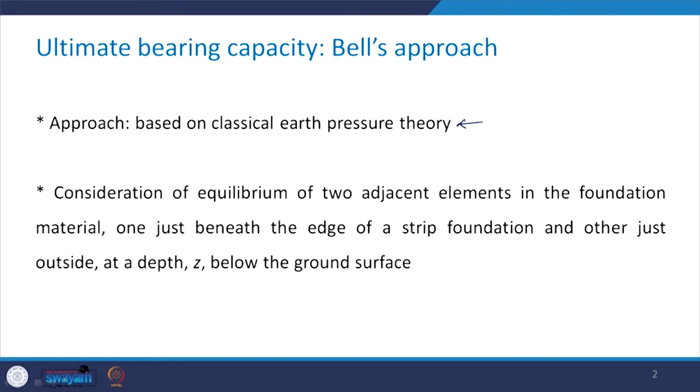Here there is going to be the consideration of equilibrium of two adjacent elements in the foundation material. One element would be taken just beneath the edge of a strip foundation and another one just outside it, and these elements would be taken at a depth z below the ground surface where the footing would be placed.